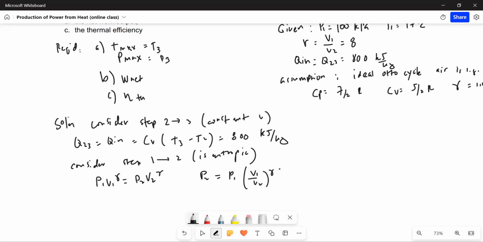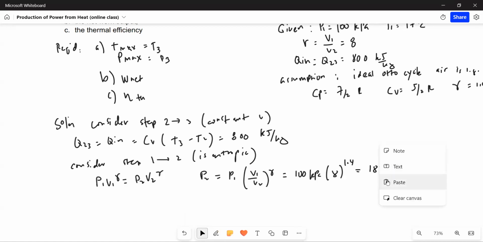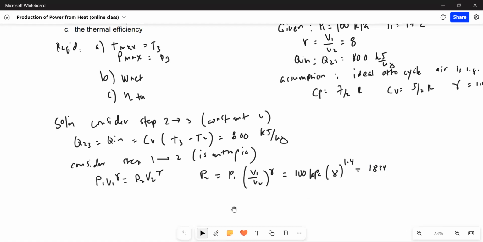So just rearrange the equation, and we know the value of P1, which is 100 kilopascals, and the compression ratio of 8, V1 over V2, raised to gamma, which is 1.4. Therefore, P2 is 1,838 kilopascals.